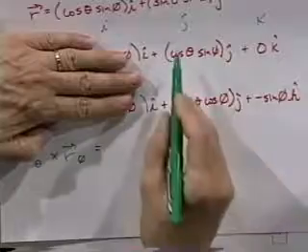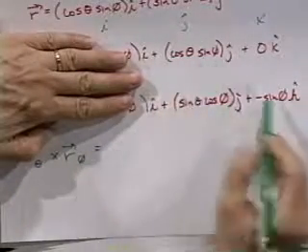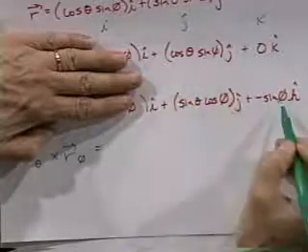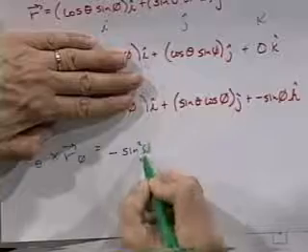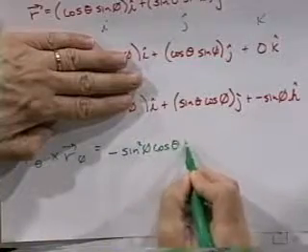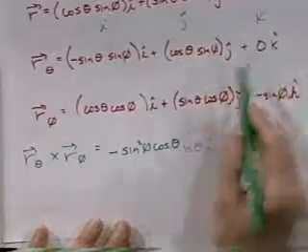So when I go this times this, I get cosine theta times sine phi times minus sine phi. So I get minus sine squared phi cosine theta i. All right, because I went this times this, minus 0 gives me nothing.